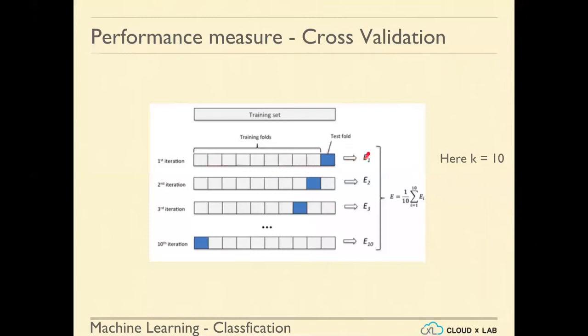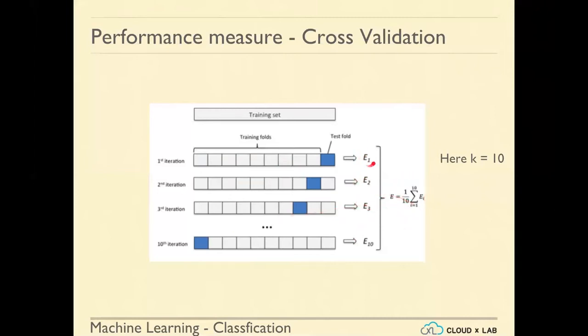So we train one model, E1, on this. We use the same algorithm and train another model, E2. Then we train E3, and so on. So basically, same data, but different models are generated, and finally we take the average of all of these.